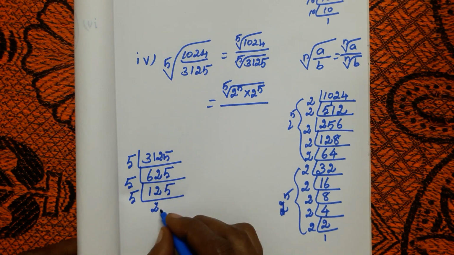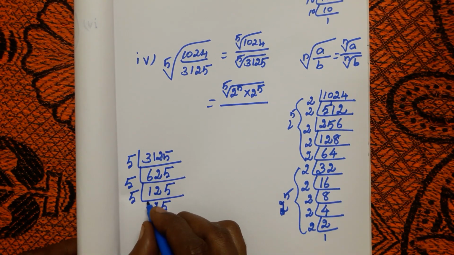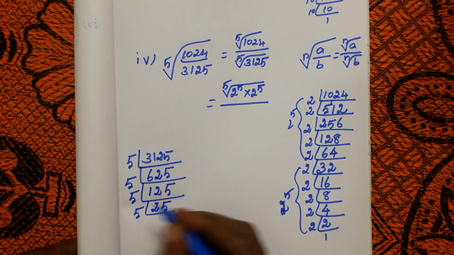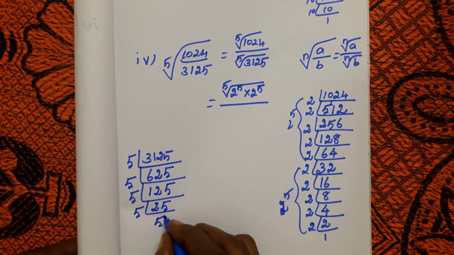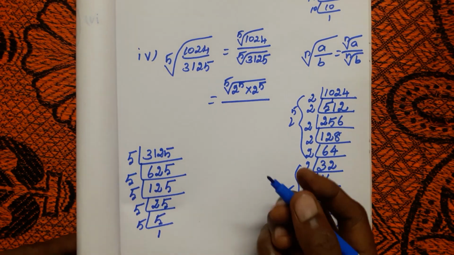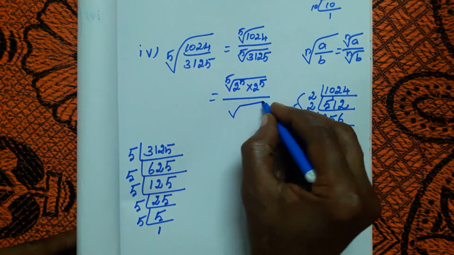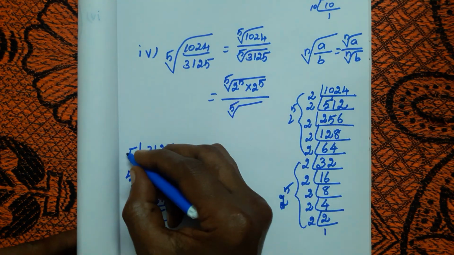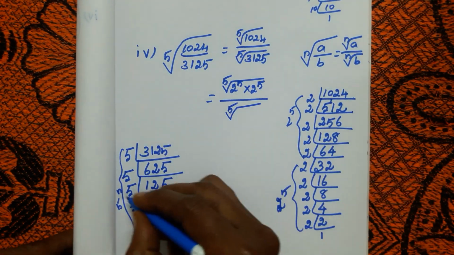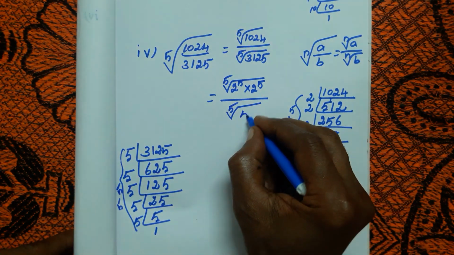Next, 2 balance. 5 5s are 25. Again, we can factorize with 5 table. 5 5s are 25. Again, 5 table factorizing time. 1 5 is 5. So we can write this as fifth root of 5 power 5.